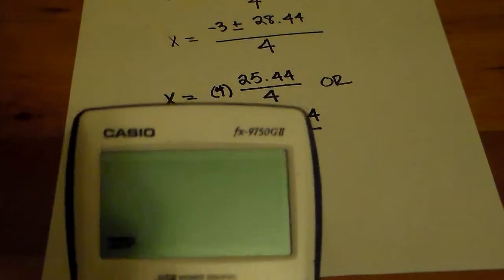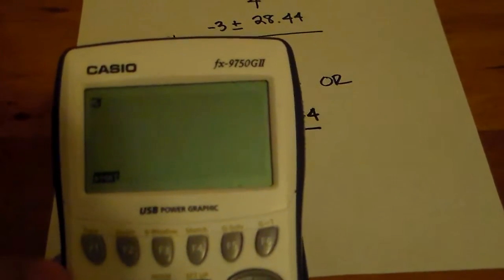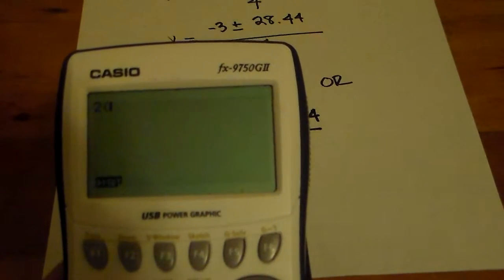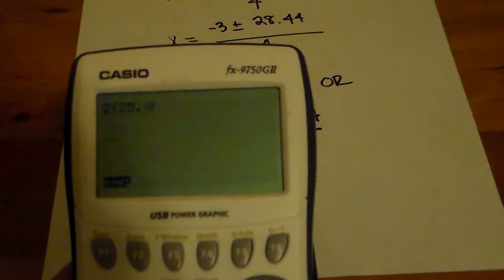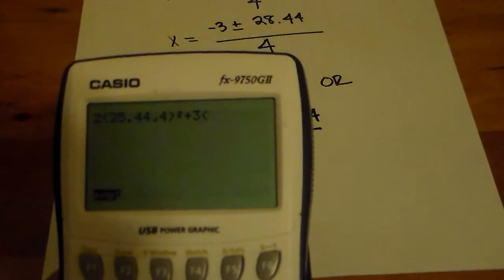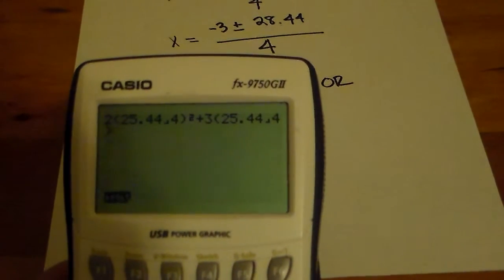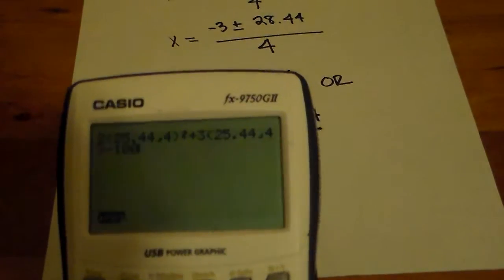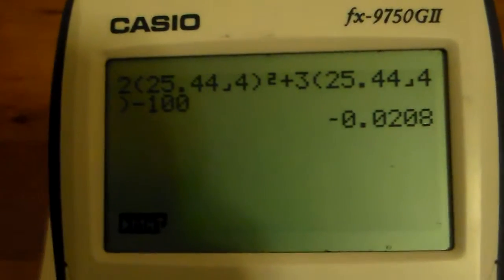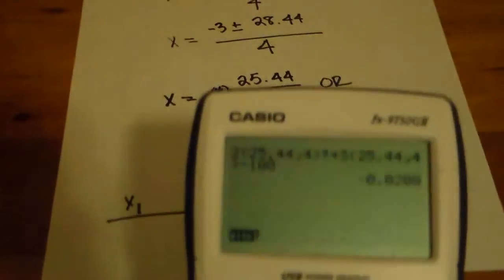So we do 2 times 25.44 over 4, squared, plus 3 times 25.44 over 4, minus 100. Right? We have that in the equation, as you can see. I press enter. We'll see how that goes with the next one.